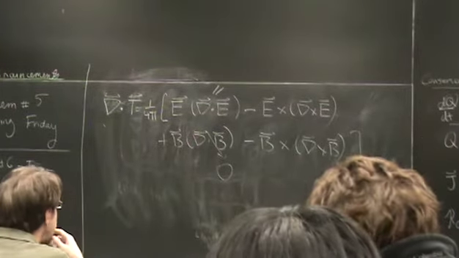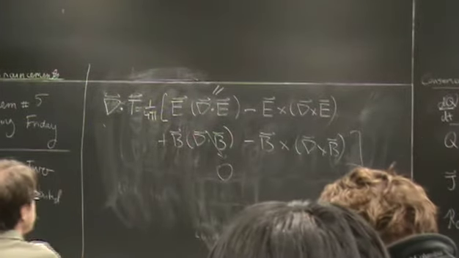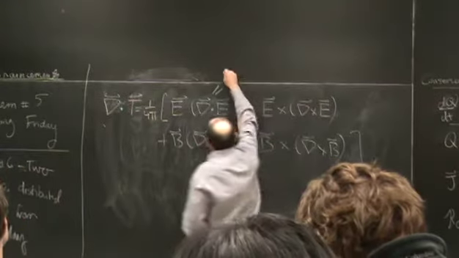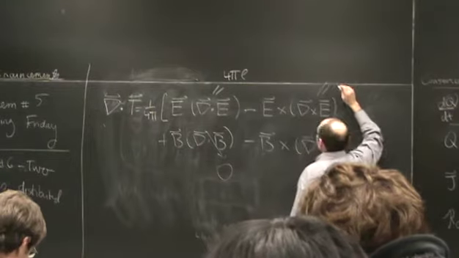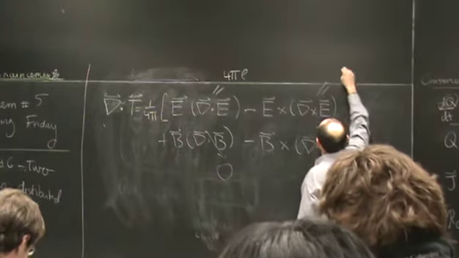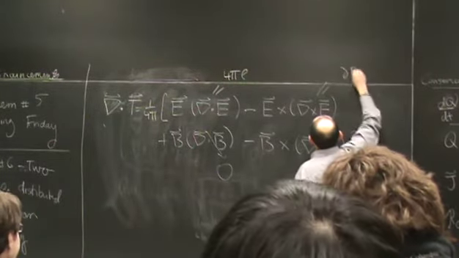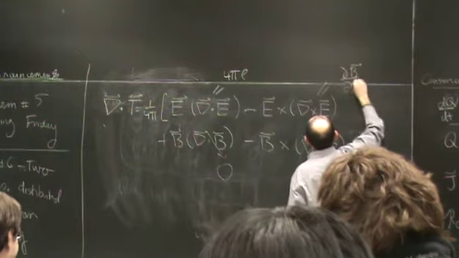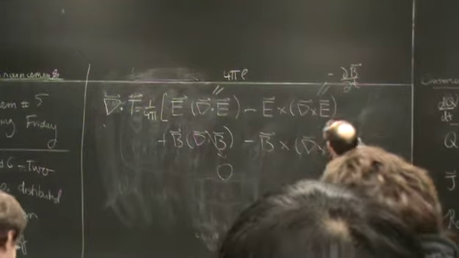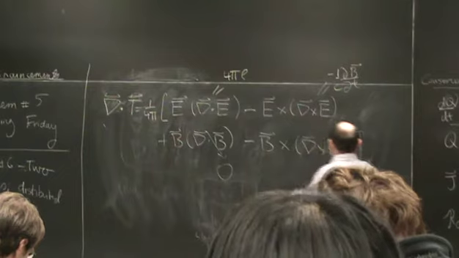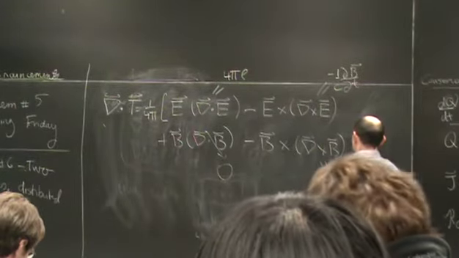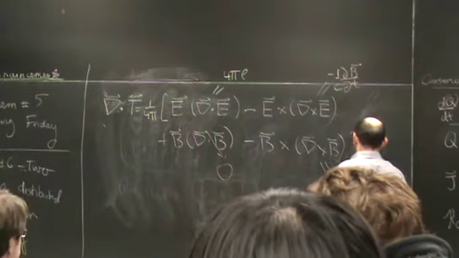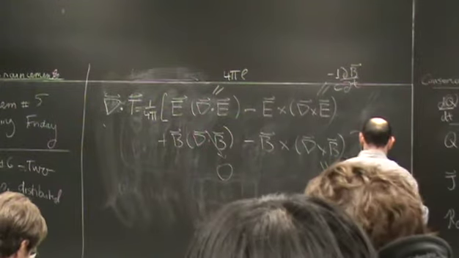What's del dot E? 4 pi rho. What's del cross B? Quick. It's got a dB/dt in it. What else has it got? It's got a minus sign. Minus 1 over c, yay. Del cross B equals 4 pi J over c plus 1 over c dE/dt.